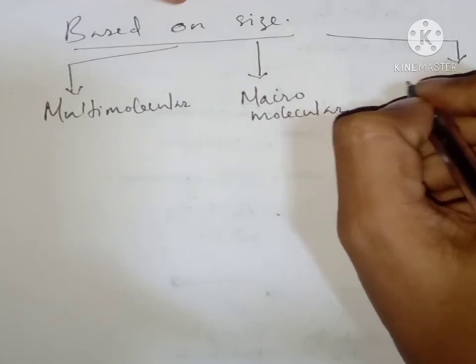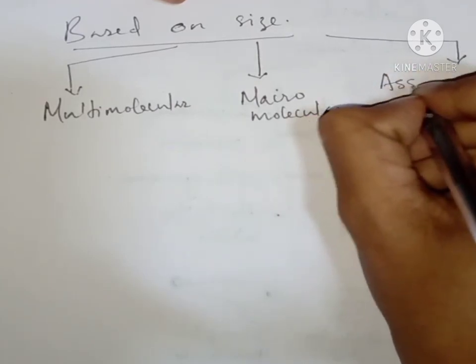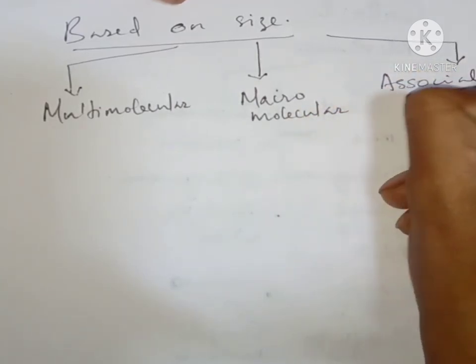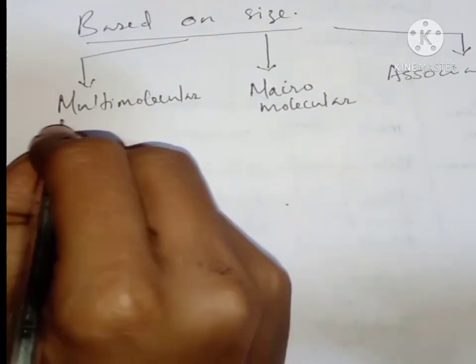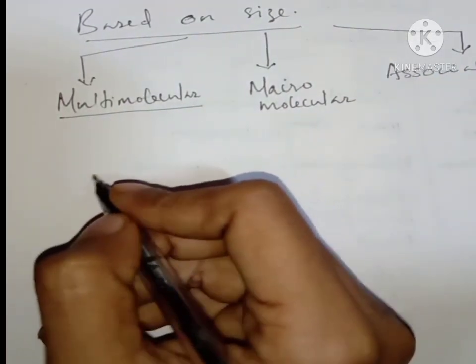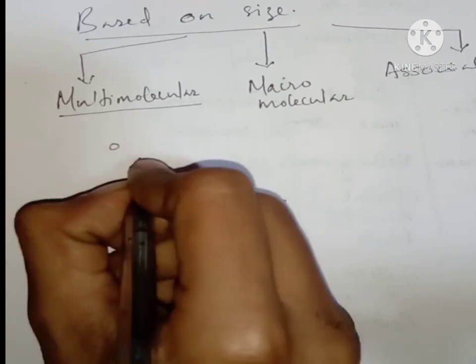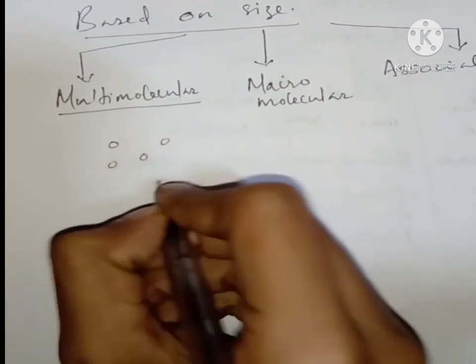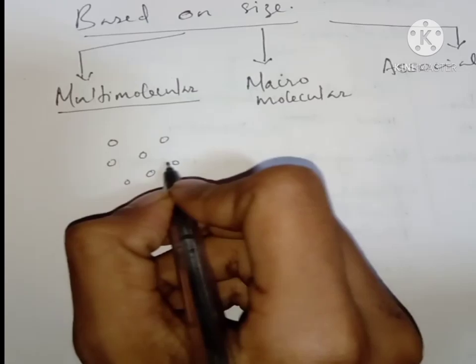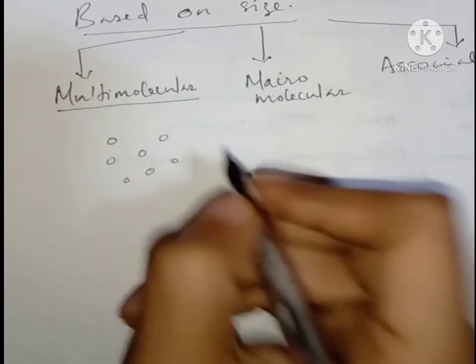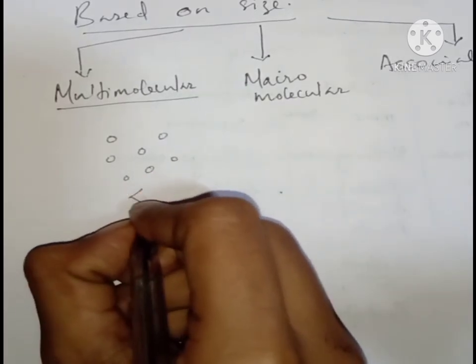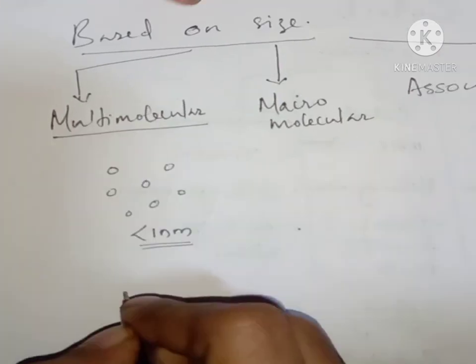And the third one is associated colloids. Multimolecular colloids means actually the particle sizes are very small, that is, less than 1 nanometer.